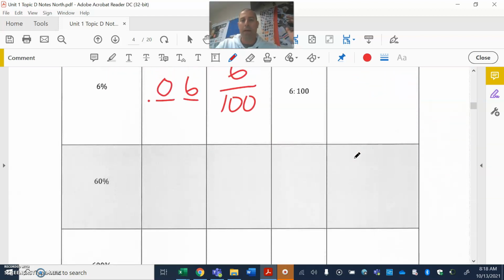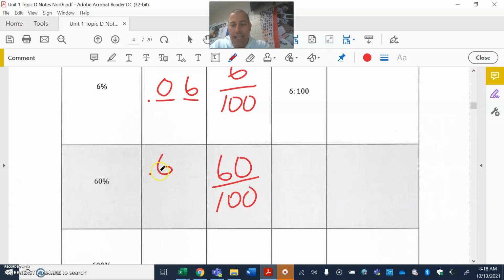Here we go, 60%. Percent is always out of 100, so there's your fraction. If we say this, it is 60 hundredths, so tenths, hundredths, drop the 60 in there. You might also recognize that, wait a second, isn't that the same as just 6 tenths?